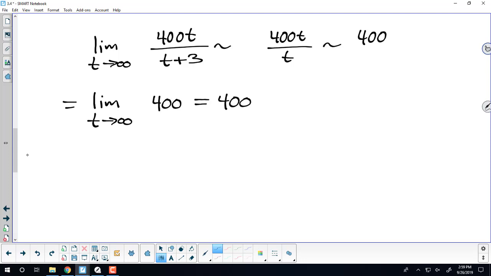So what does that mean? The steady state population is 400. Yes, the steady state population is 400 million cells.